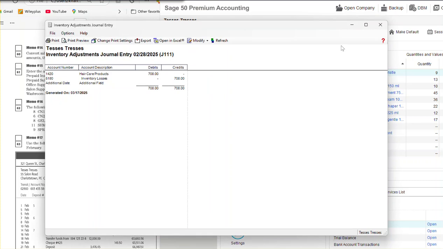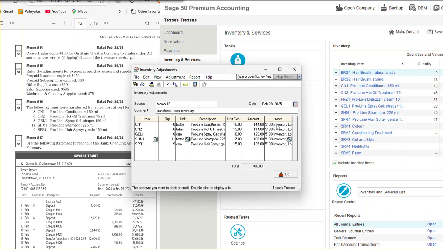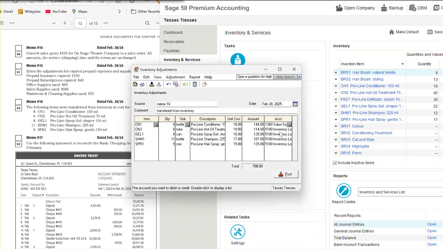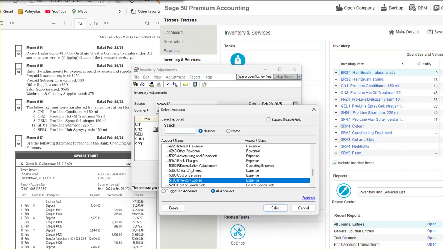Your inventory should look like this. And the inventory should be getting adjusted, not that. I don't know why they're charging it to that.